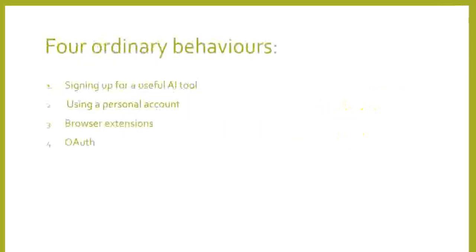This concept follows four ordinary behaviors, according to the news. First is signing up for a useful AI tool. Many people nowadays are just looking for an AI tool that can help them solve their problems. Then, in order to get into this AI tool, they use a personal account that can trigger some bad malware, which we're going to see in the future.